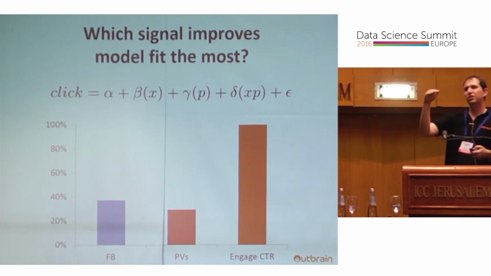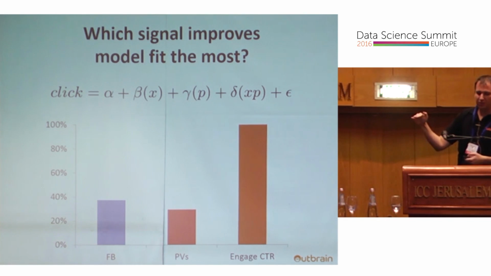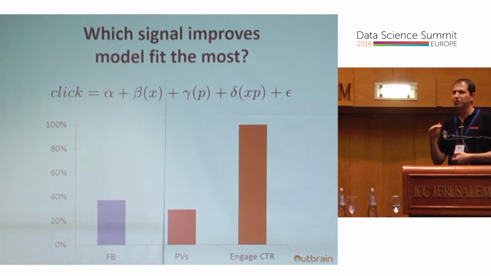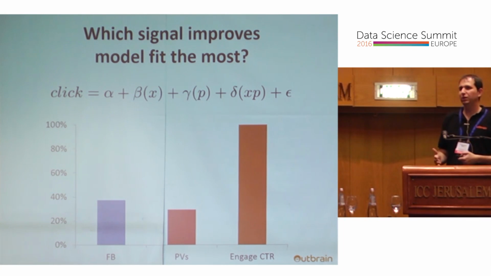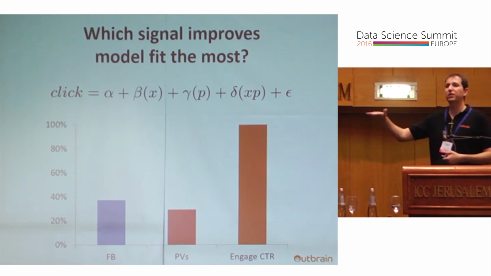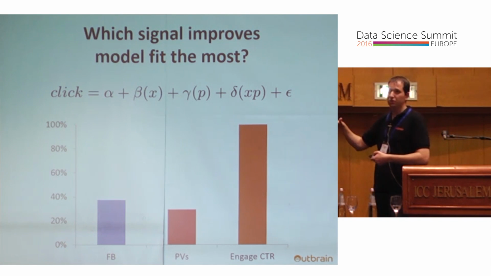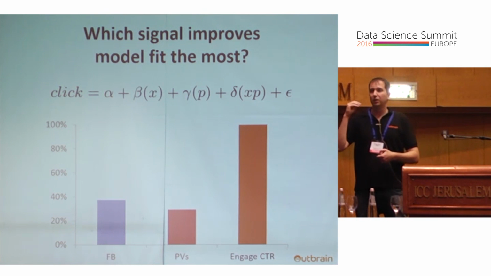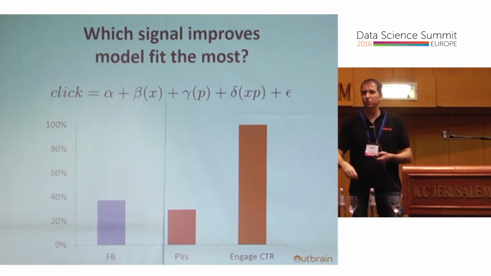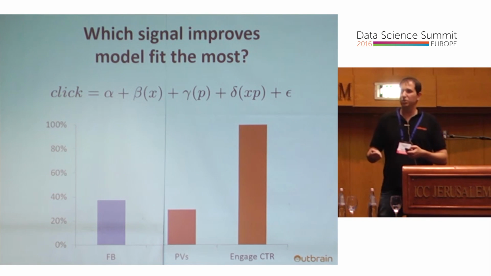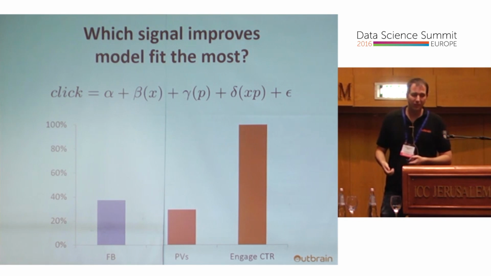And we ranked the different signals, engaged CTR, page views, and Facebook referrals, as to which one of them contributes the most. What we obtained, and this was very robust across different applications across Sphere, was that utilizing the engaged CTR, what people click at the bottom of articles, had the largest contribution to predictive ability.